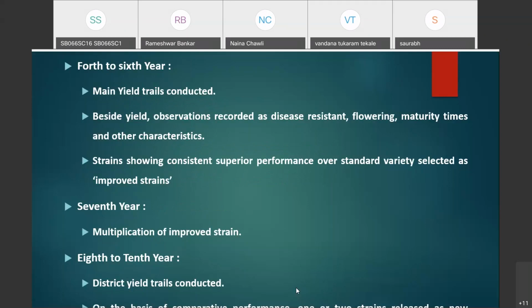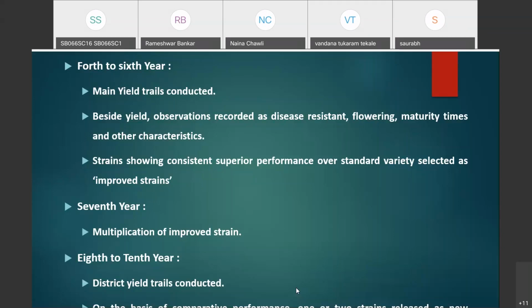There are three methods of selection. The first method, mass selection, we discussed in the last lecture. Mass selection is generally practiced for the improvement of cross-pollinated crops, or in other words, it is the method used to produce a new improved variety in cross-pollinated crops. The second method of artificial selection, pure line selection, is the method used to produce an improved variety in self-pollinated crops.